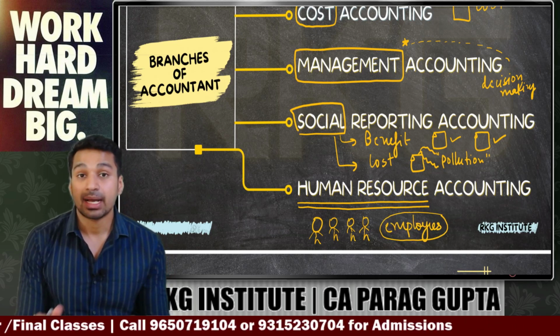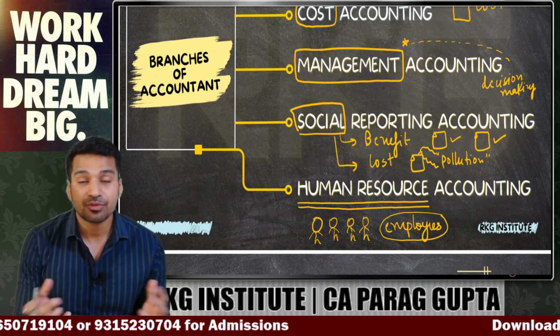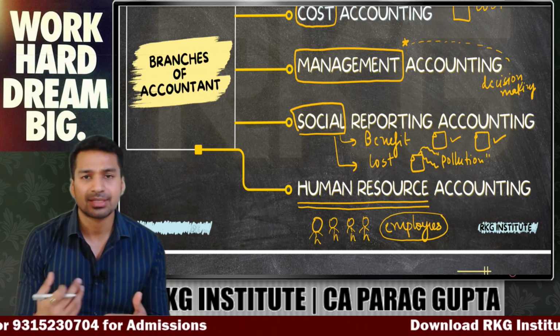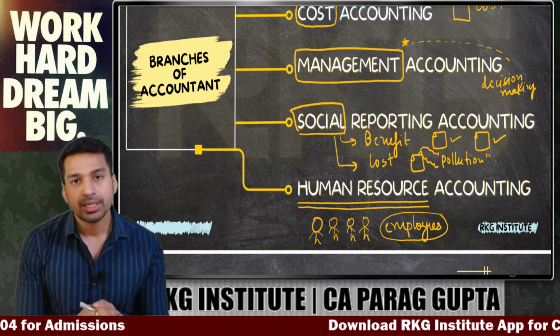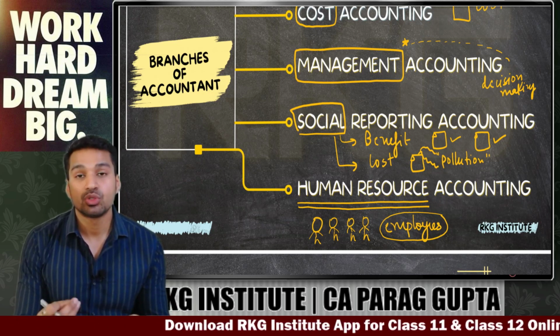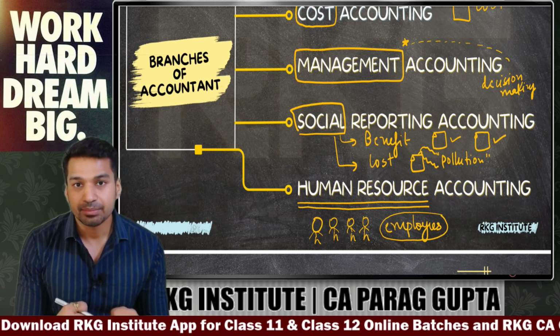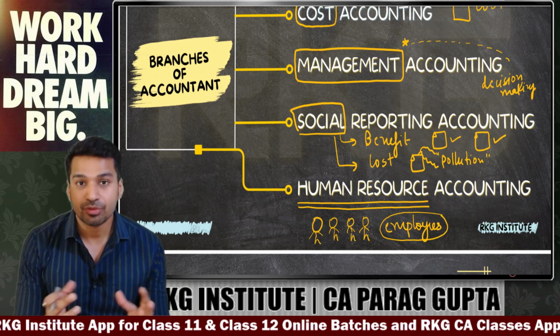These employees are beneficial for my business. I know that. These are assets for my business. What are assets? We will understand that in a later chapter. But as of now, assets means something that will give me future benefit. So I know that these employees are assets for my company.